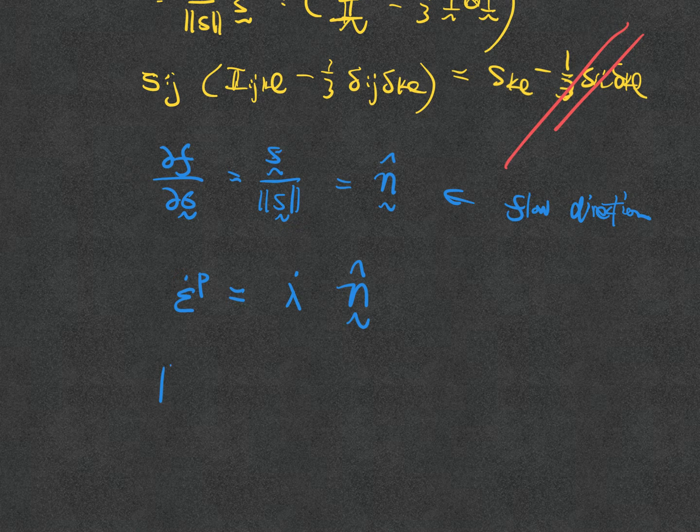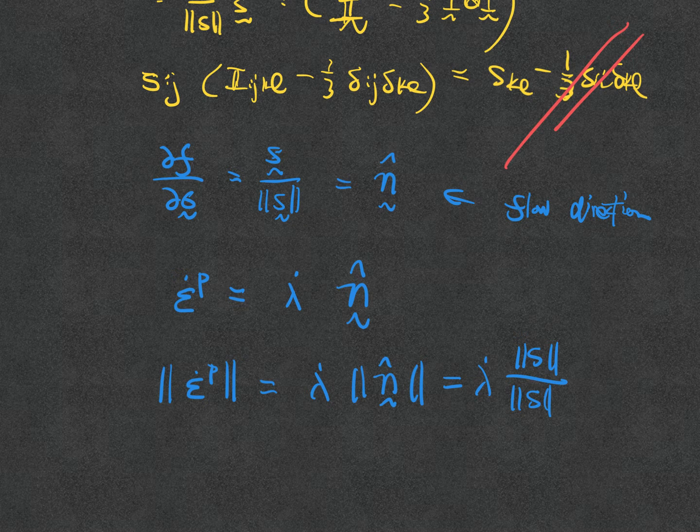So if I want to know how much plastic strain I accumulate, and I take the norm of the plastic strain rate itself, what I will have is lambda dot times n, and the norm of n is equal to the magnitude of s divided by the magnitude of s, which is 1. So that would be equal to lambda dot.